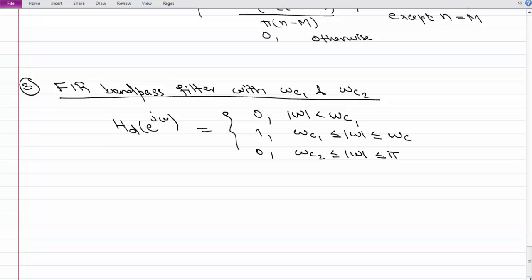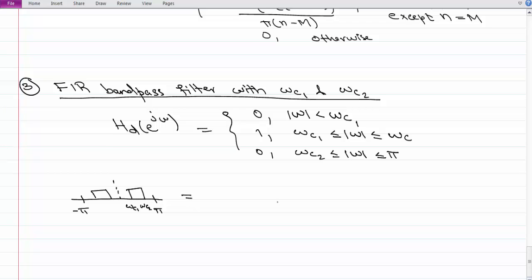And once again, the way to think of this band pass filter is through 2 low pass filters, subtraction of 2 low pass filters. If you look at the Fourier transform of this band pass filter, it is 1 from omega C1 to omega C2.